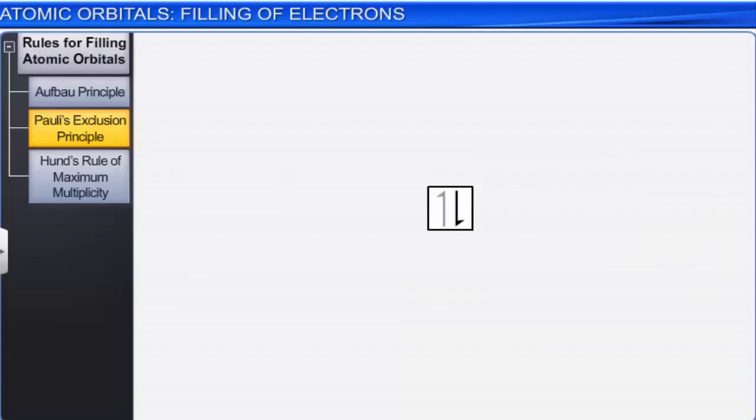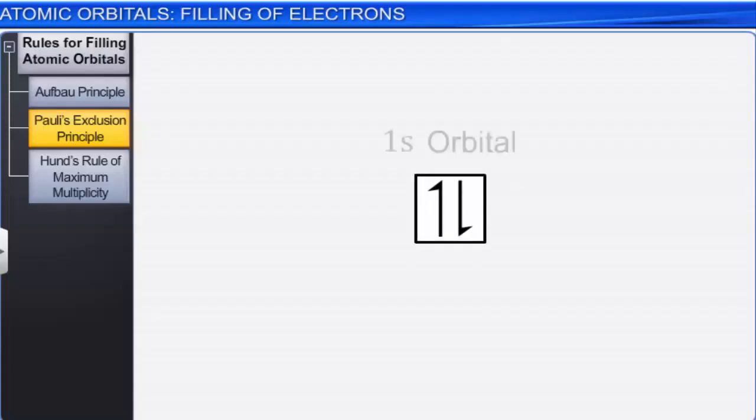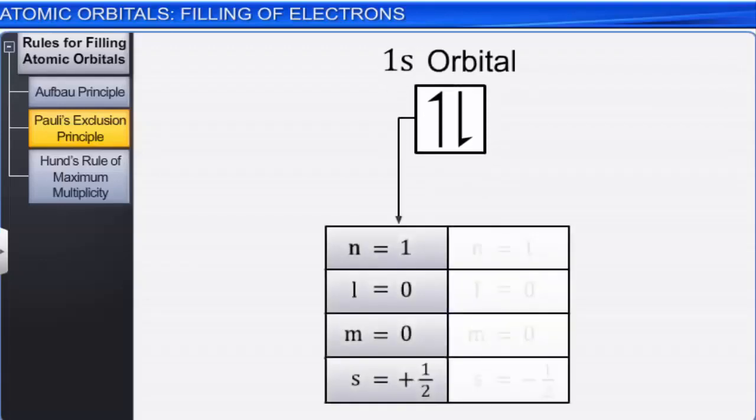Let us write the values of the 4 quantum numbers for 2 electrons in 1s orbital, as shown here. The values of n, l, m and s for the first electron are 1, 0, 0 and plus half.